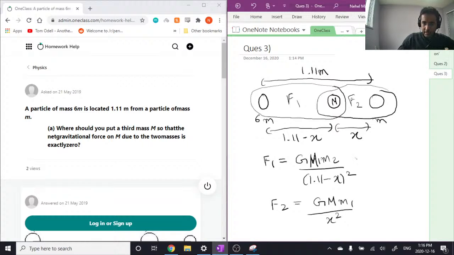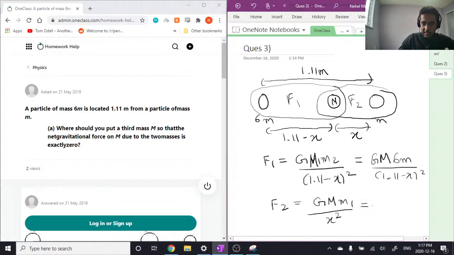So this equation becomes, since we know the masses, G times capital M times M2, which is equal to 6m. So 6 small m over this distance squared, 1.11 minus x squared.